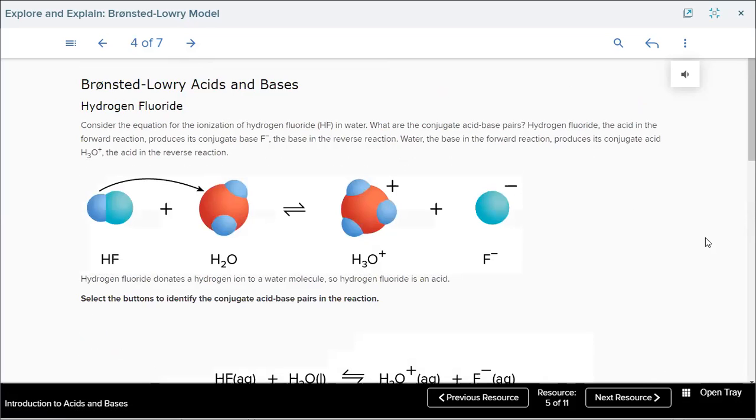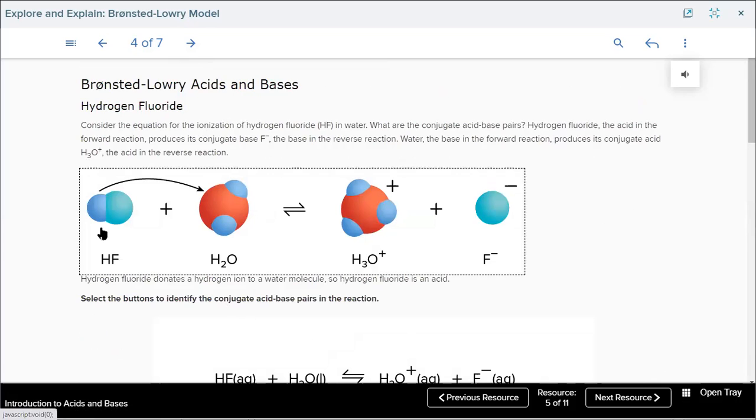So this is the explanation using the compound hydrogen fluoride, HF, and H2O. HF will produce what? Only F or only H?